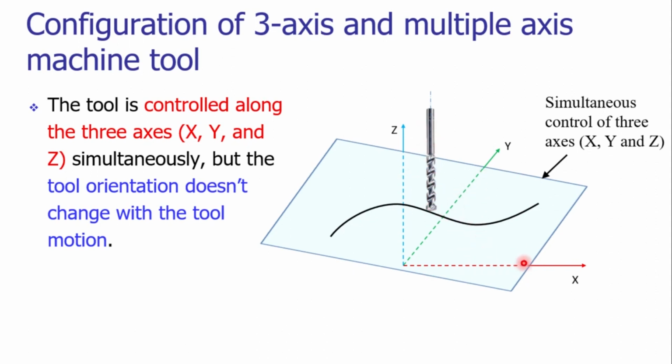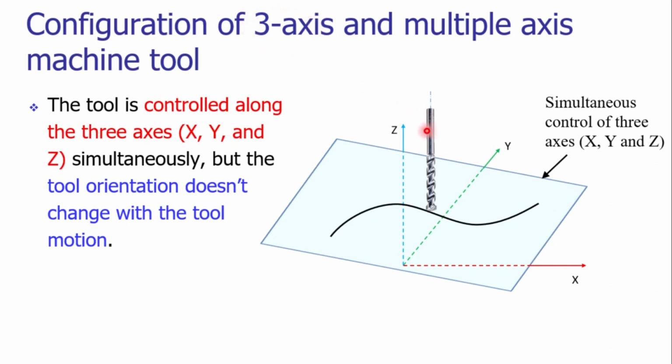So the table is also moving and the spindle which is carrying the cutting tool is also moving along the Z direction simultaneously. When the axis of the cutting tool is parallel to the Z axis and there is simultaneous motion of Z along with X and Y axis, that is called a three axis configuration.